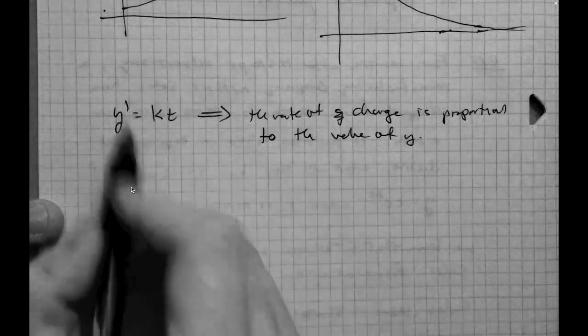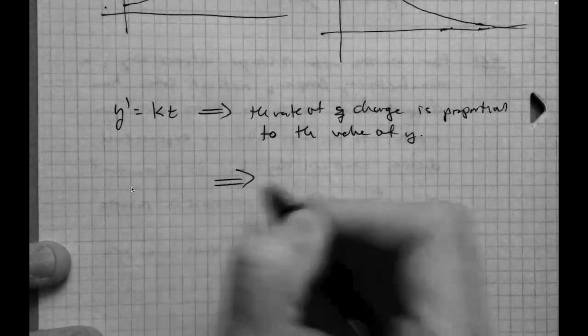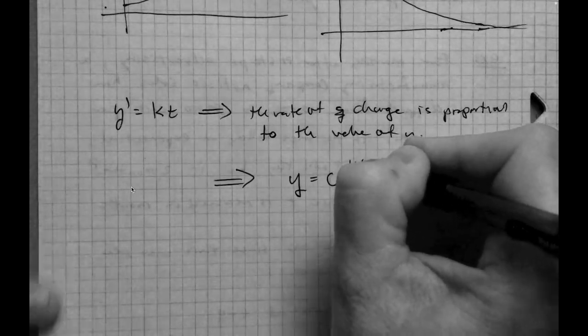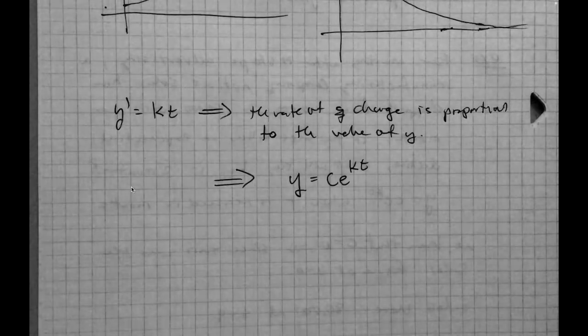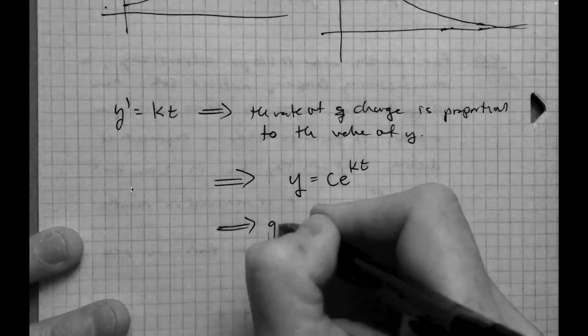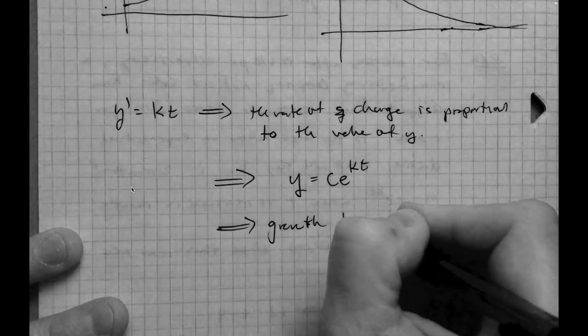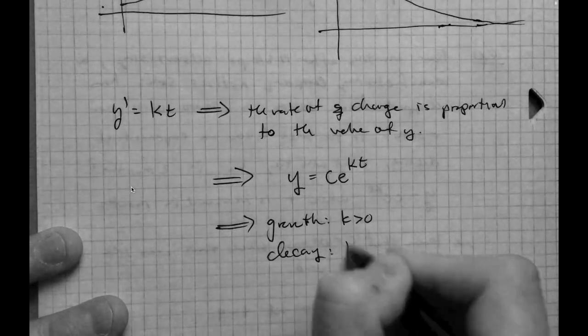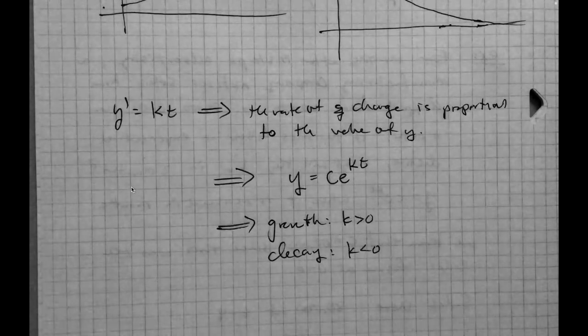And this sort of relationship implies a model that looks like this: y equals ce to the kt, and this is what's called a growth or decay model, depending on the value of k.